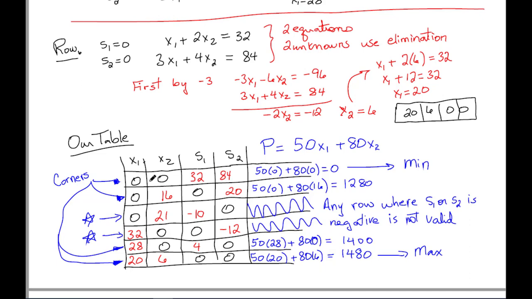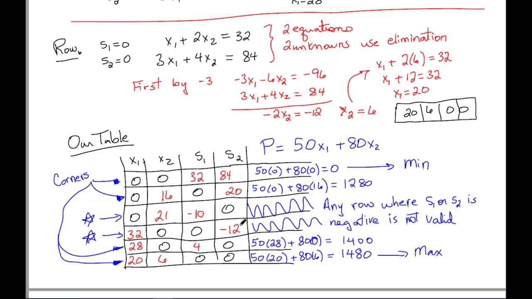So our original table where two things were 0 in red are all the items that we just found. There are two rows where the s's are negative. We throw those out.